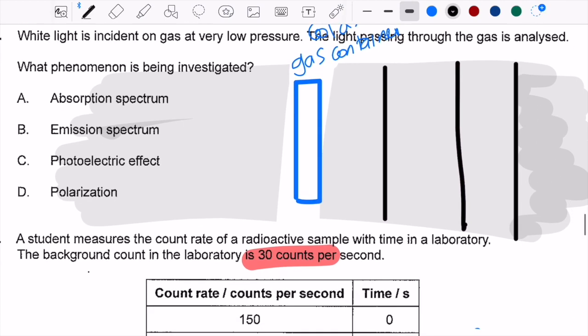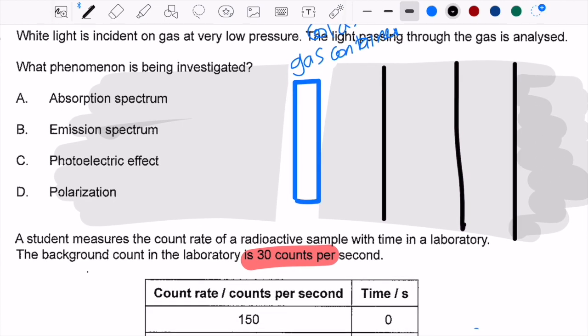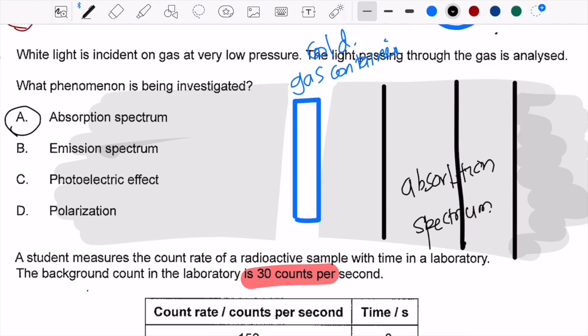You may see something like that. This is called an absorption spectra. This is what you will see if you send visible light through a cold gas at lower pressure.